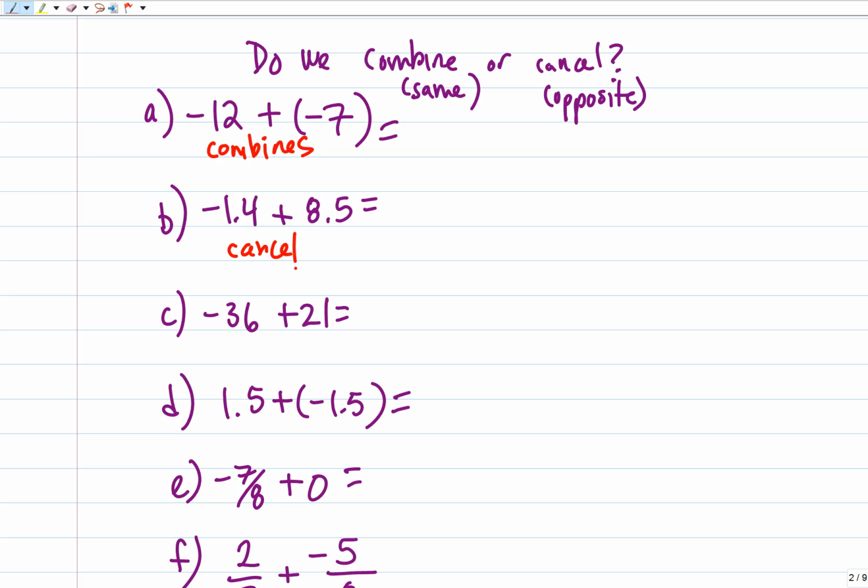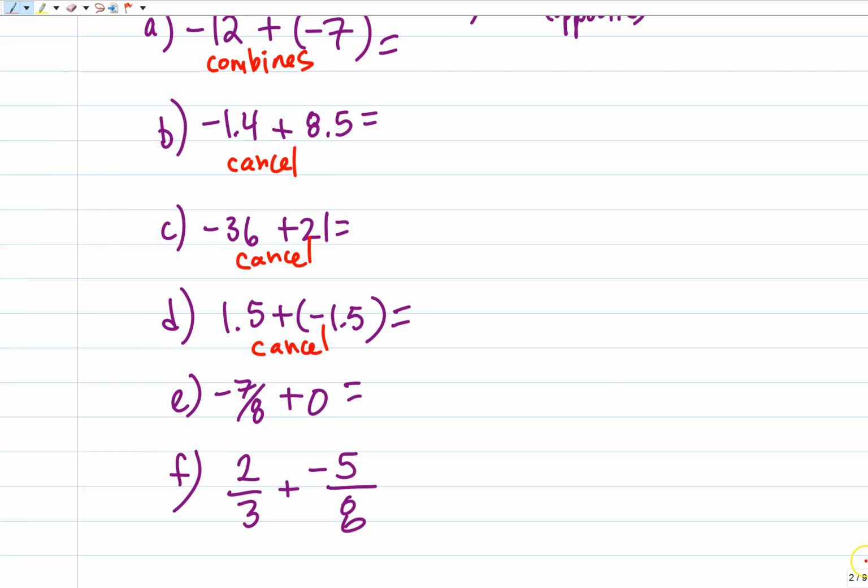You see how this is working? Next one, the signs are the same, so they will combine. Next one. Next one. It's a little weird. They are kind of opposite signs. We think of cancel. That's kind of a weird one. We'll talk about that. What about our last one with fractions?